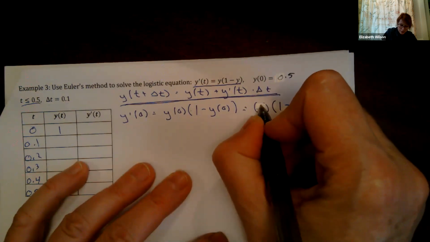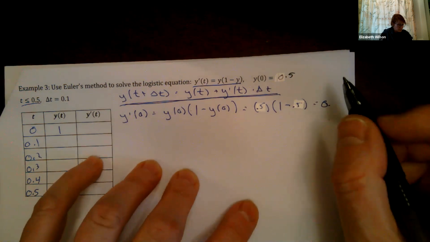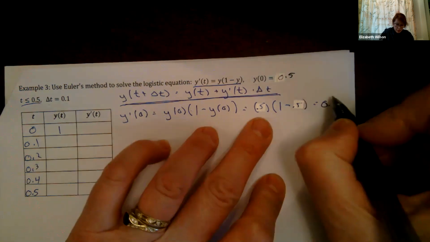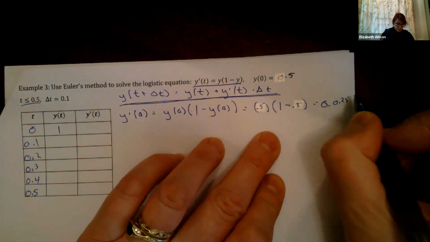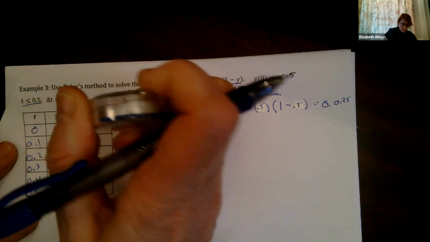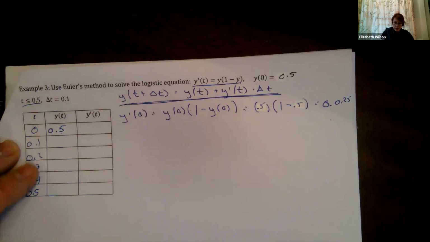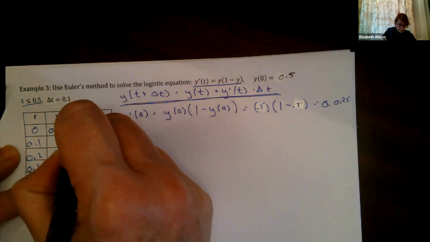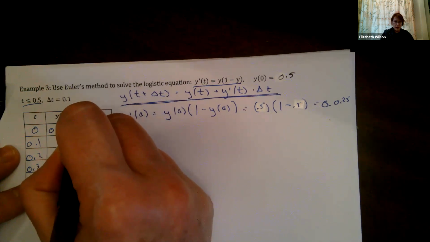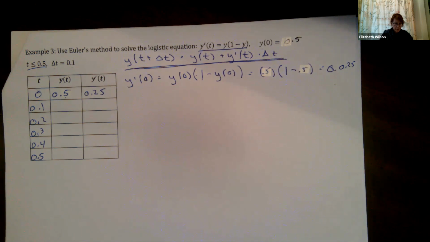So 0.5 times (1 minus 0.5), and that's going to give me 0.25. And let's change our table. So y of 0 is equal to 0.5, and our derivative at 0 is 0.25. All right, calculated that. It's good to catch the typos.